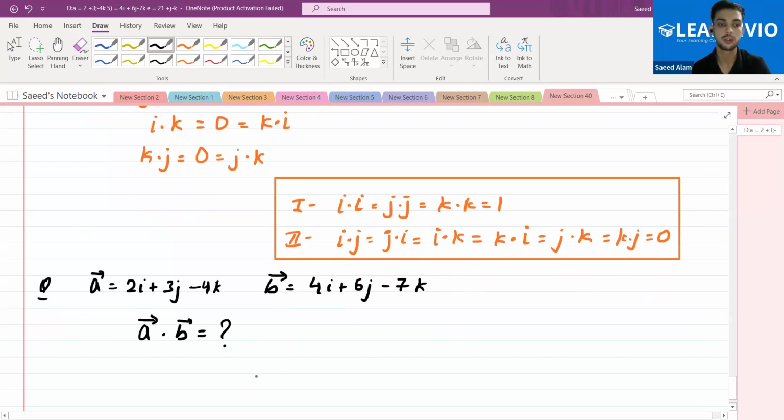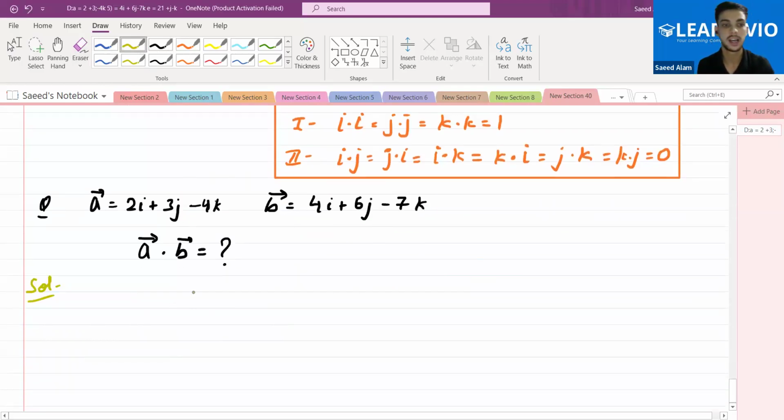So how can we approach this? Just approach it in a very mathematical way. How do you have to do a dot b? Find the magnitude of A multiplied with the magnitude of B, and then cos. Athiya is telling me one of the solutions.